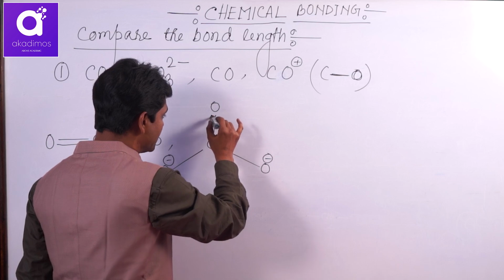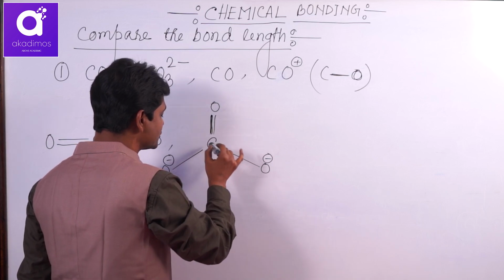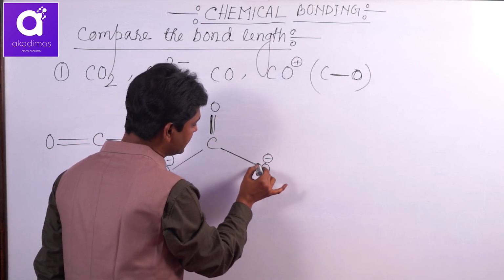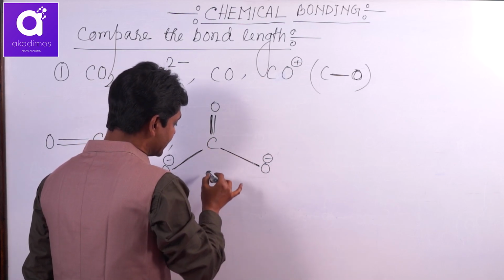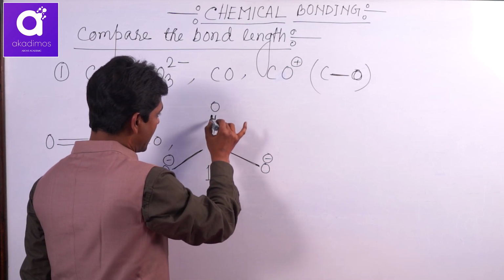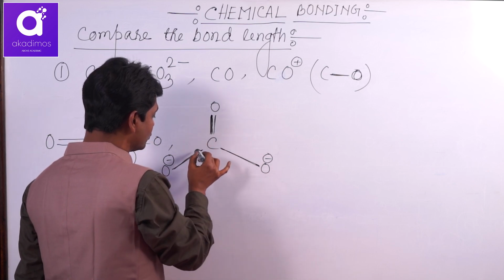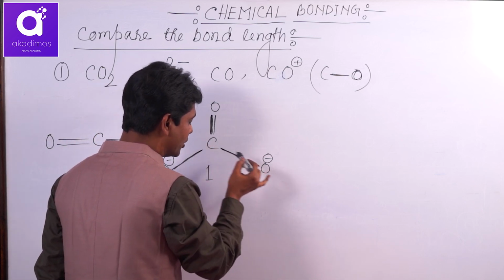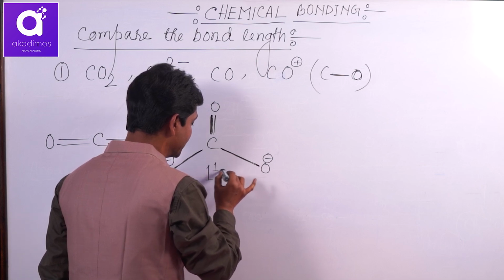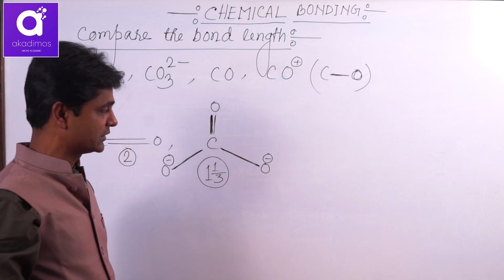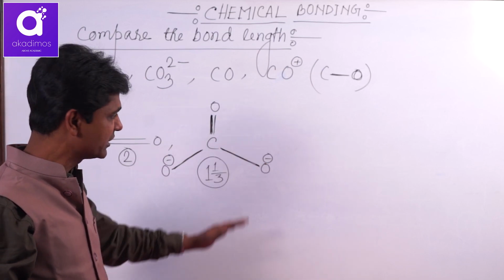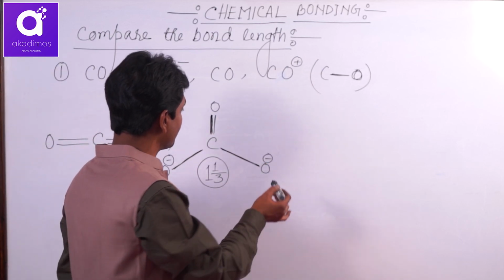Here is a pi bond, and that pi bond is equally distributed among the 3 oxygen. Sigma bond is common, that means sigma is fixed, and that 1 pi bond is equally distributed among 3 oxygen. That is, for each oxygen, it is 1/3. You can draw the different canonical forms, and there you will get 3 different canonical forms.